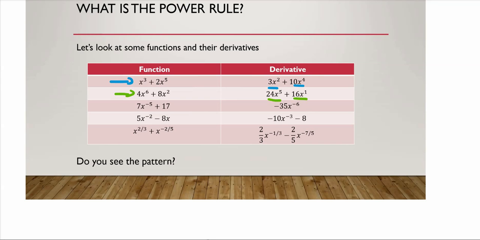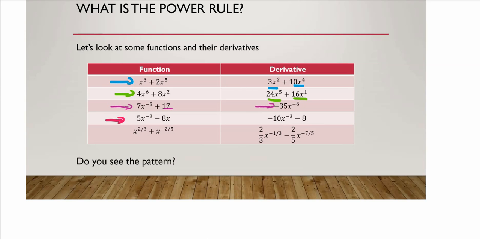Some of you might say, oh, I think I have it. Look at the third example. The third one says 7x to the 5th plus 17, and this is going to give us negative 35x to the negative 6. Some of you might get thrown off. Well, what happened to the 17? All right. The next example, we have 5x to the negative 2 minus 8x.